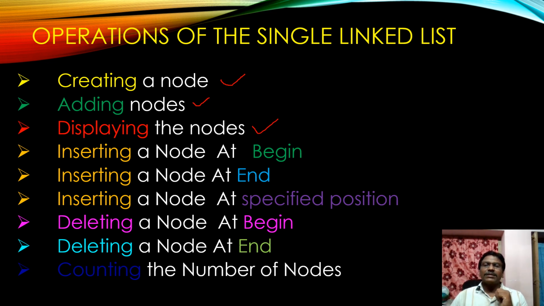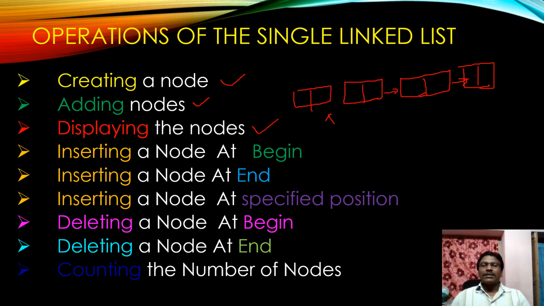It means, for example, you have three nodes linked one to another, and you insert a node at the starting position. Insert a node at the end means adding a new node at the end of the list.